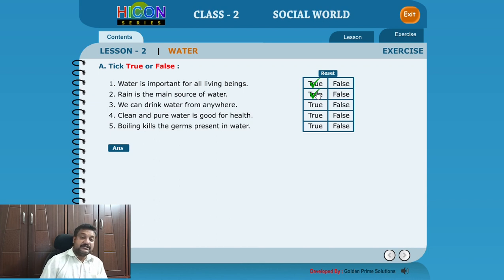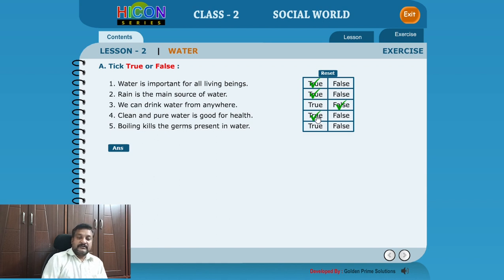So we cannot drink water from anywhere. Clean and pure water is good for health. That's why we have to boil the water or distill the water so that the water will be pure enough to be drunk. So clean and pure water is good for health is a true statement.